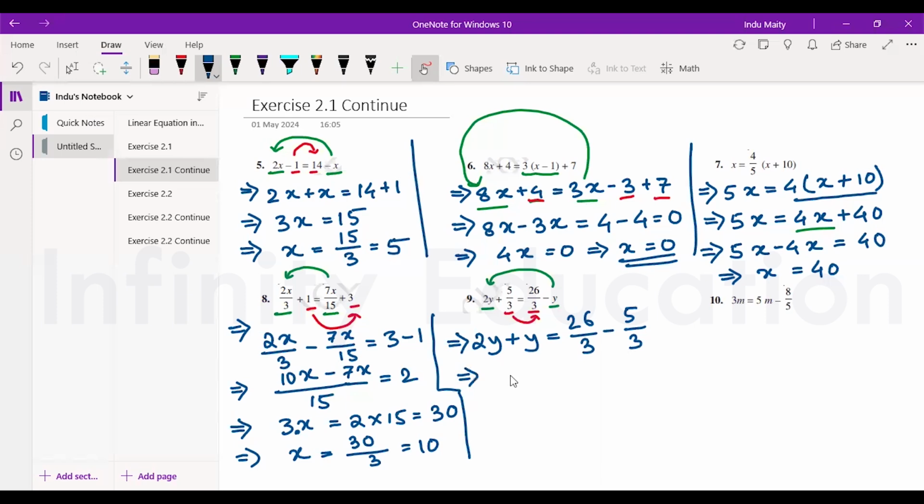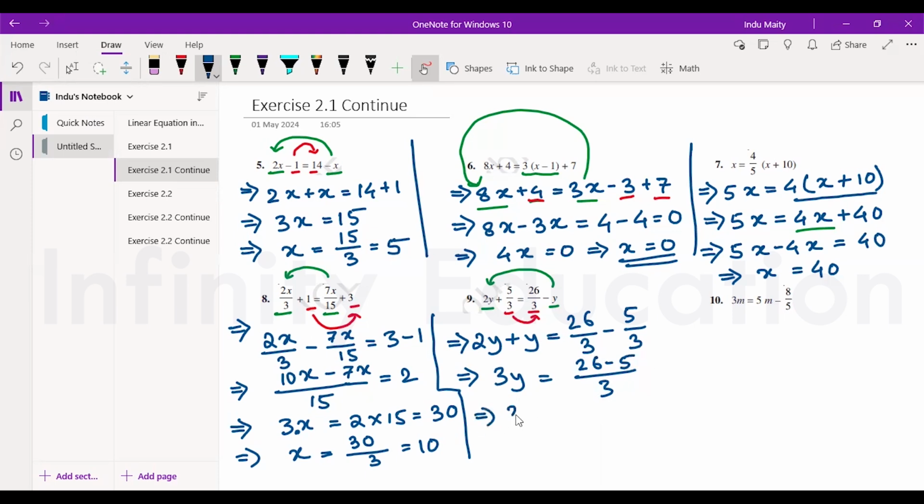So 2y plus y is 3y is equal to, for this one, we need not do any kind of LCM like we did for the previous one, where 3 and 15, the LCM is 15. But as both the denominators are the same, I will write it as it is, 26 minus 5.